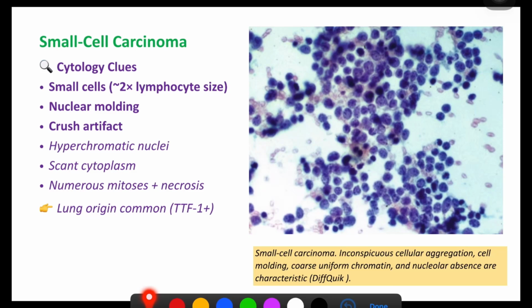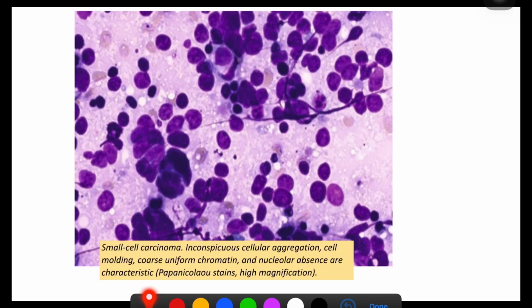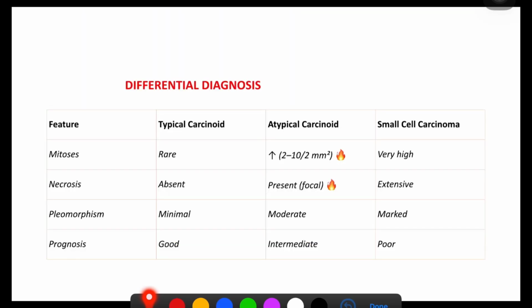It is suggestive of small cell carcinoma, and lung origin is most common in lymph node metastasis, which is TTF1 positive. Here you can find this type of cellular aggregate, showing cellular molding, coarse chromatin, and absent nucleoli, which is characteristic of small cell malignancy.